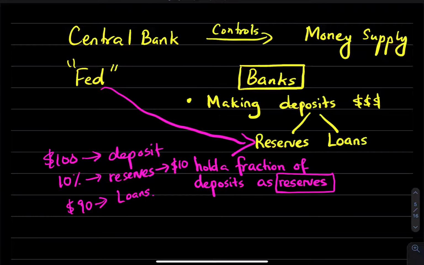Now, the bank can decide whether they want to hold 10%, which is the mandate by the Federal Reserve or the central bank, or they want to hold more as reserves. It really depends on what the bank feels is right at the moment, depending upon the state of the economy or the optimism and pessimism in the economy.